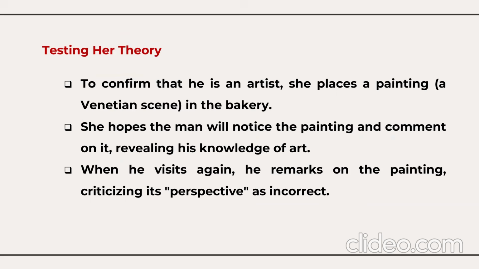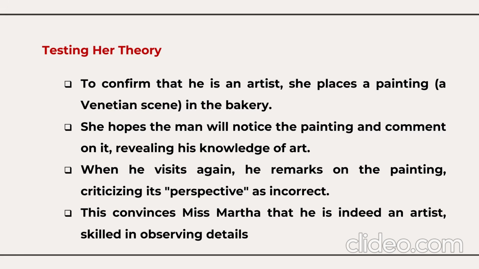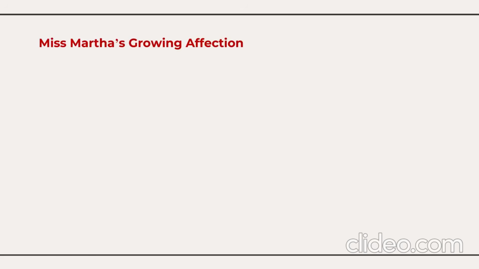When he visits again, the man remarks on the painting, criticizing its perspective as incorrect. He criticizes that this painting is not correct. This convinces Miss Martha that he is indeed an artist and very skilled in observing detail. Now it is confirmed that this person is an artist.